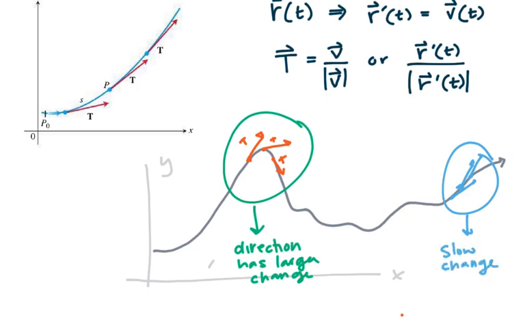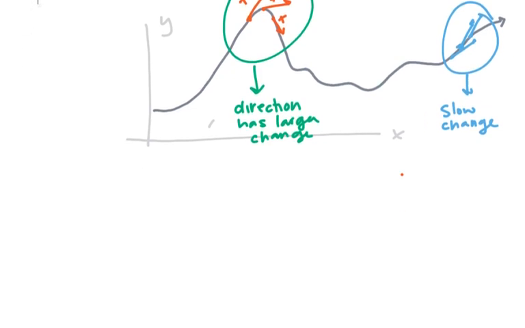So there's not a lot of curvature here, and there's a great deal more curvature happening at that maximum. So in layman's terms, my kappa curvature is telling us how rapidly my unit vector T, my tangent unit vector, is changing.